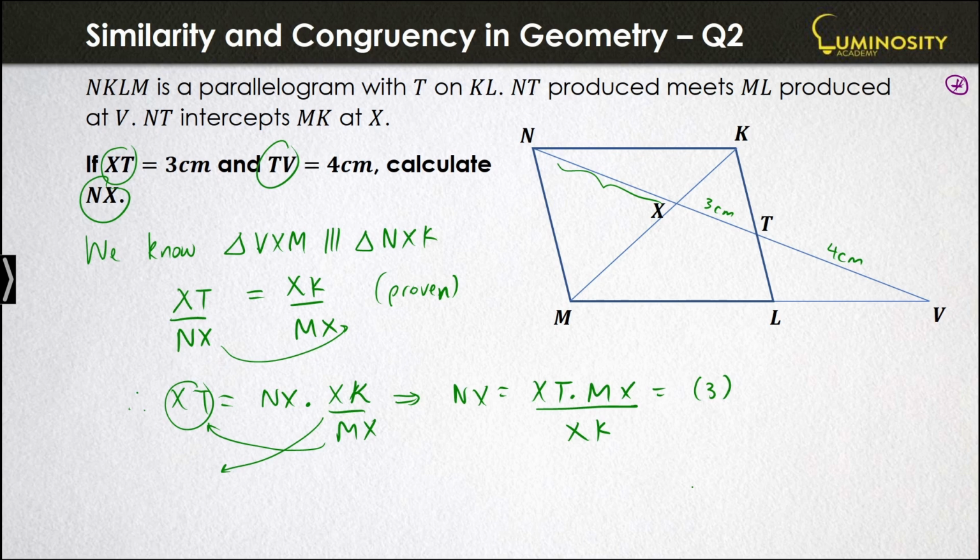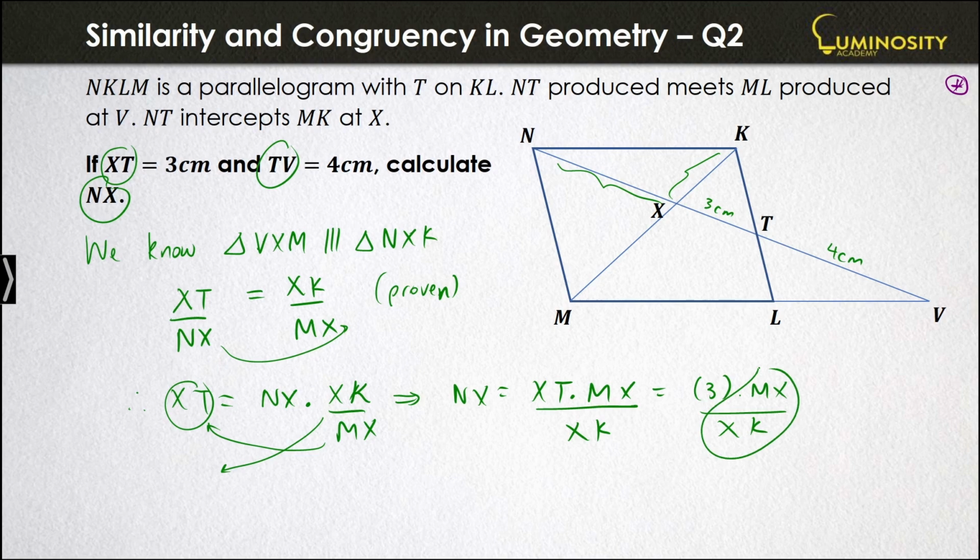MX, we weren't given that side length just yet, and all divided by XK. XK is a side length here, and we weren't given that side length yet. So these are the two side lengths right now that are stopping us from completing the question.